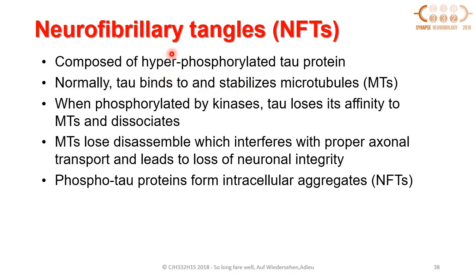So these neurofibrillary tangles are intracellular, so they're found inside dying neurons. They are composed of hyperphosphorylated tau proteins. Tau proteins normally bind to microtubules and stabilize them. However, due to overactive kinases, for reasons that we don't really understand all that well, when tau gets phosphorylated by these kinases, it will lose its affinity to bind to microtubules, and it will actually start to dissociate from the microtubules.